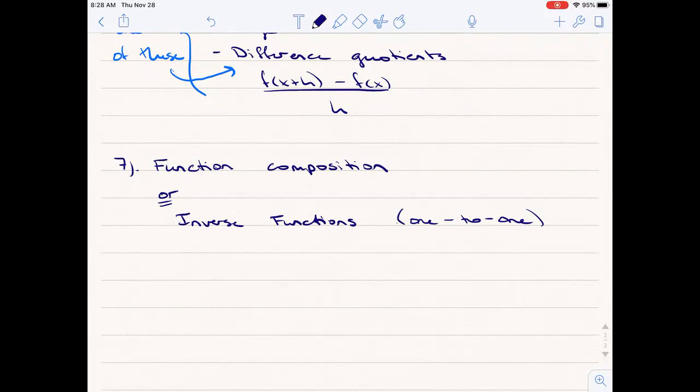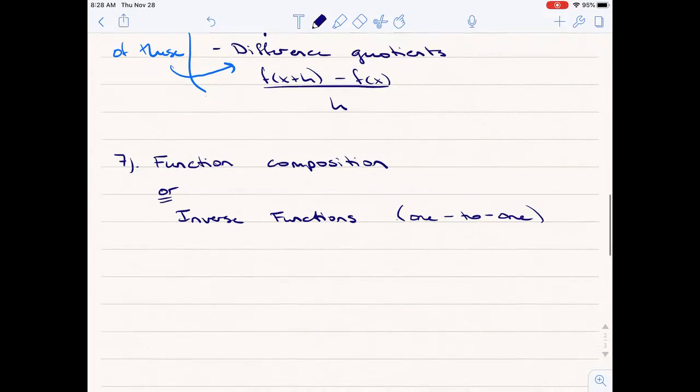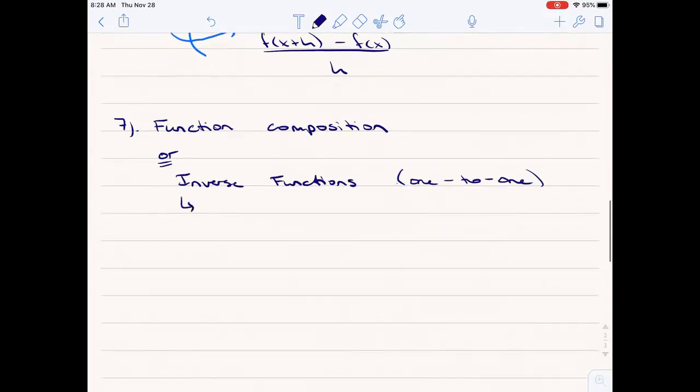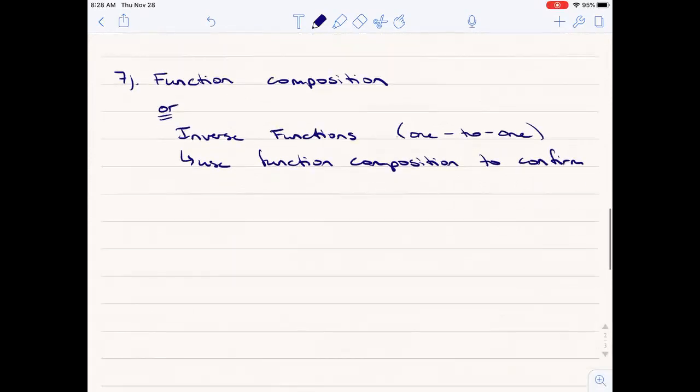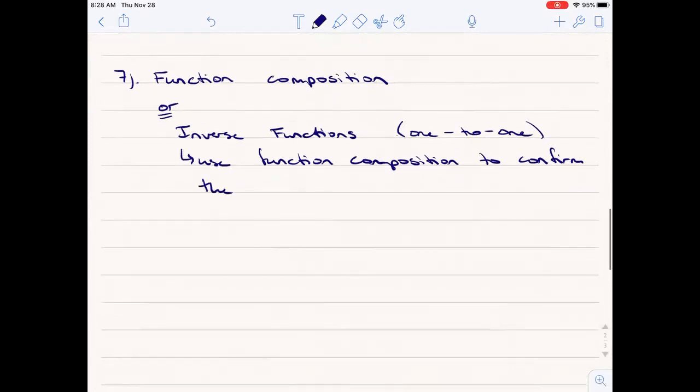So inverse functions kind of capture all of that activity, right? So, and then use function composition to confirm the inverse.